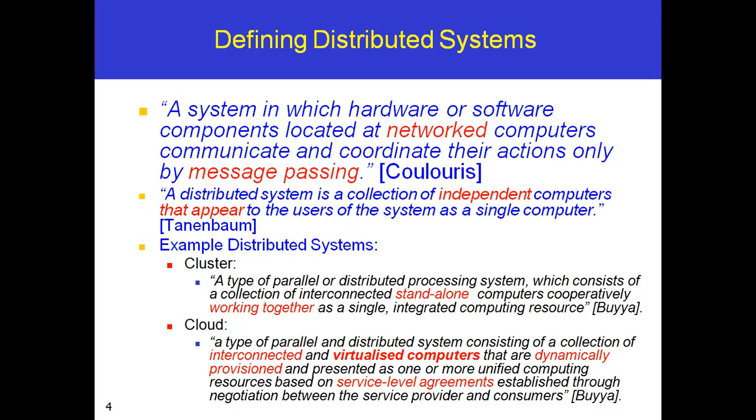Please remember, students: in a distributed system, the components are located at different places, all connected in a network, and all seem to be a single system to the user.